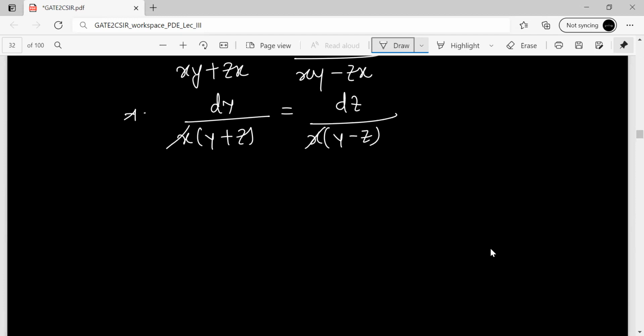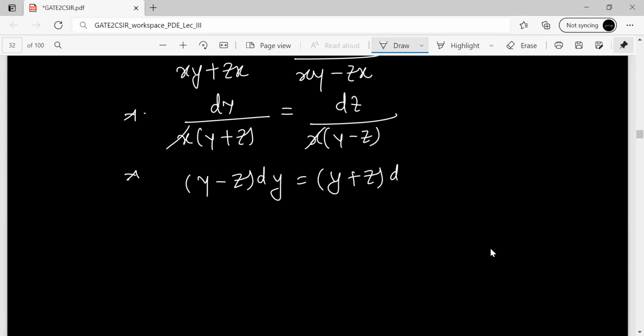So just take this part here. So y minus z dy equals y plus z dz. Now I cannot integrate it because I have here z, so I have to get rid of this. So either we just expand the brackets and check this one here.